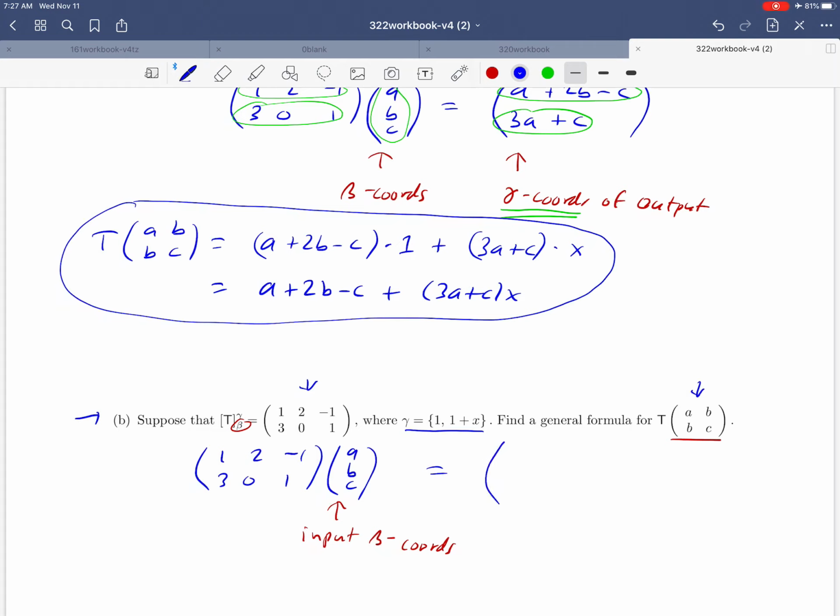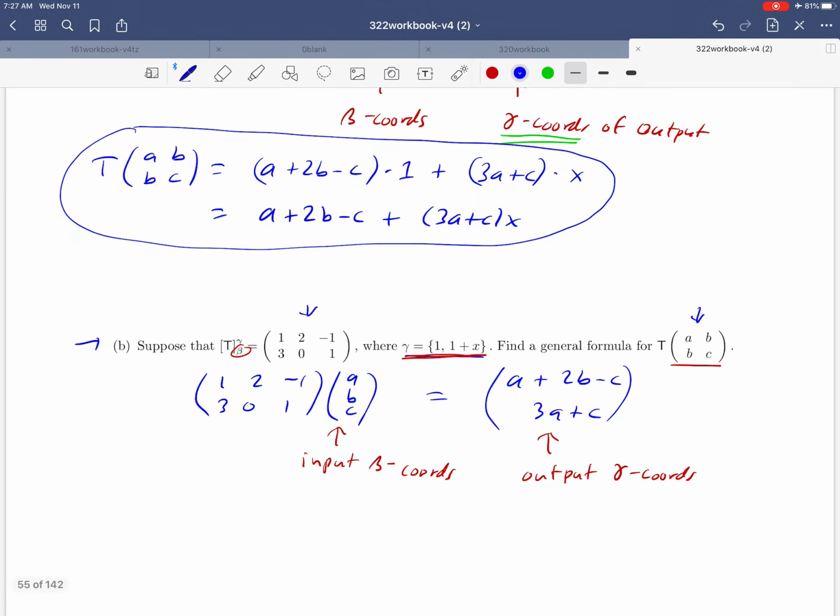And we do that calculation. Nothing's changed on the left-hand side, so we're going to get exactly the same thing over here on the right that we did before. And the interpretation is still output gamma coordinates. The only thing that's changed is that the vectors in gamma are different now. So here's what's going to happen.